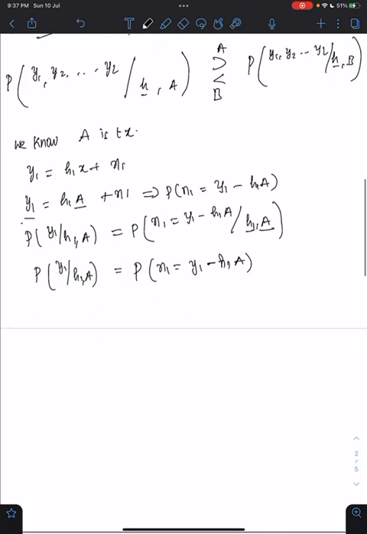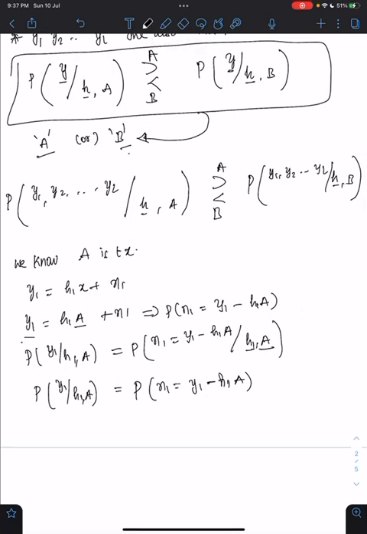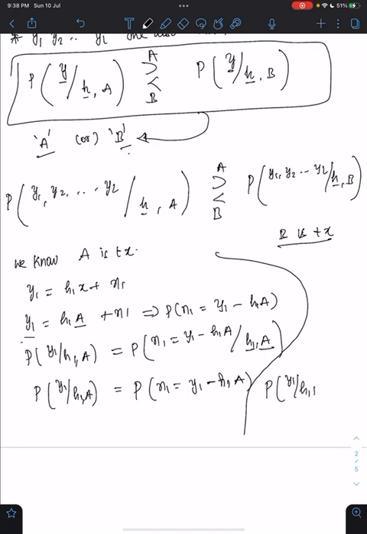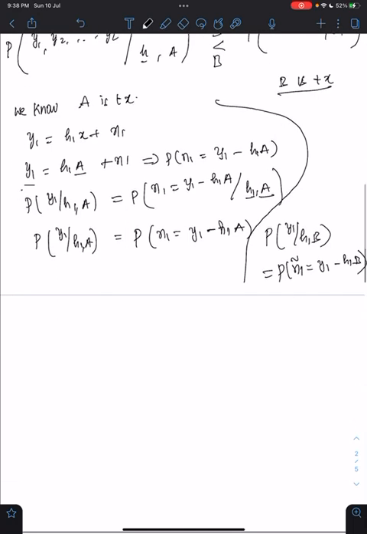Alright, so if we know B is transmitted, same thing, you replace: the probability of y1 given h1b equals the probability of n1, maybe I'll call it n1 tilde, equals y1 minus h1b. Alright, and we also specified the fact that y1, y2, yL are independent, the transmissions are independent, the receptions are independent.